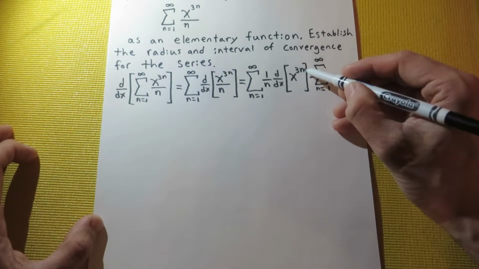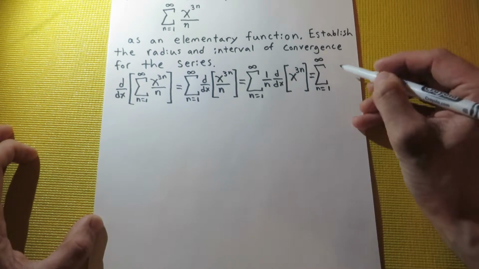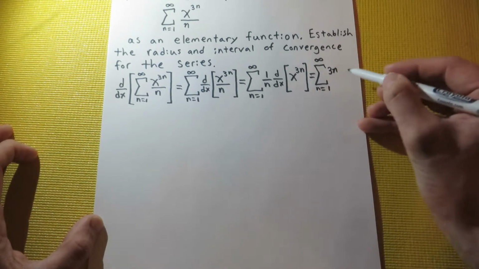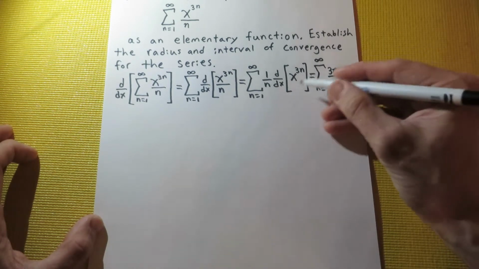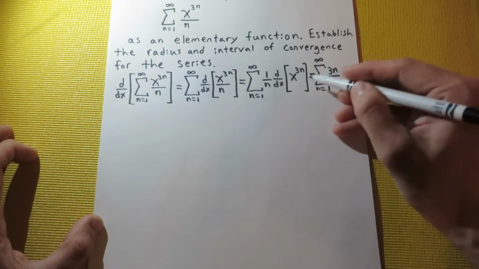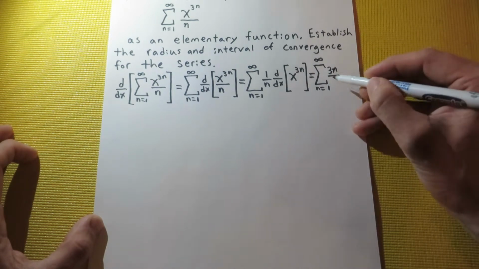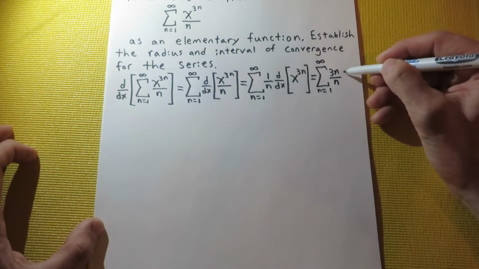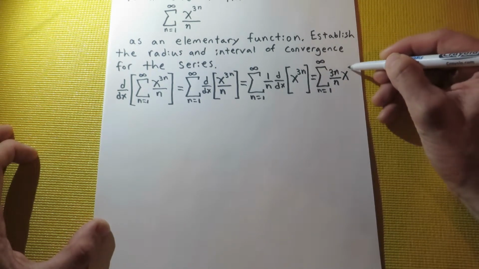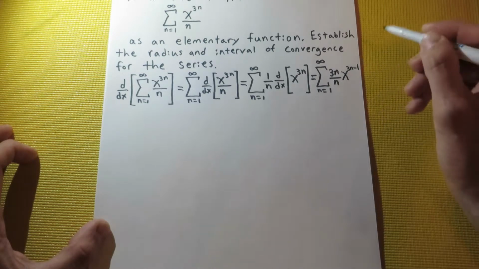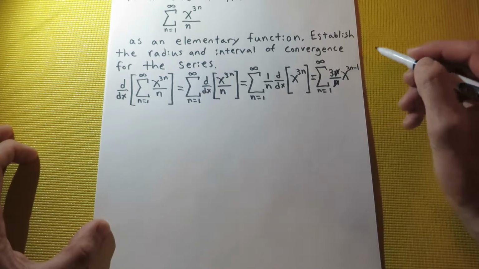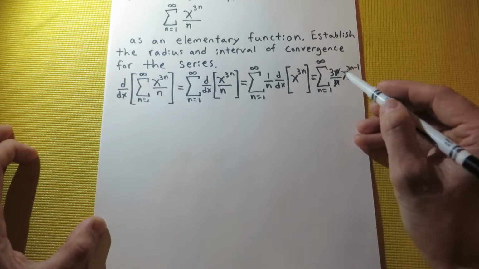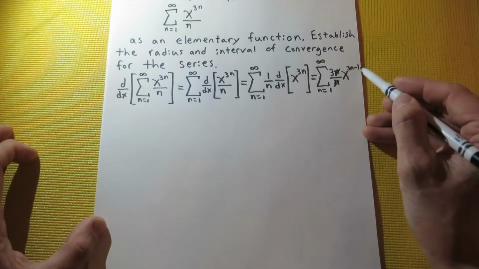We just put what was in the power out front by the power rule of differentiation. The n and the n are going to cancel, and then we're going to be left with x to the 3n minus 1. So the n's cancel, and that just gives us the sum of 3 times x to the 3n minus 1.